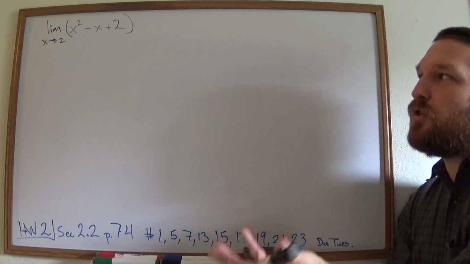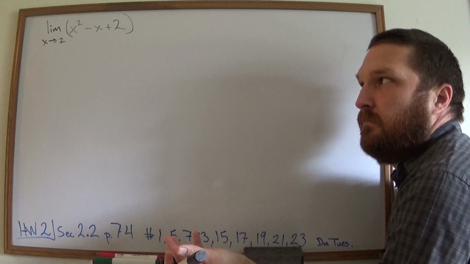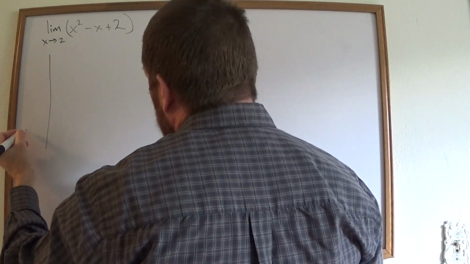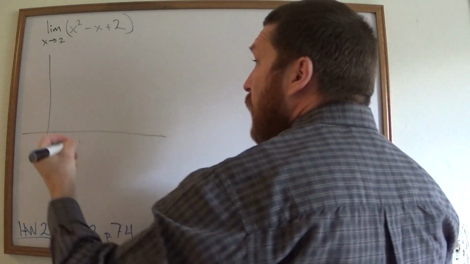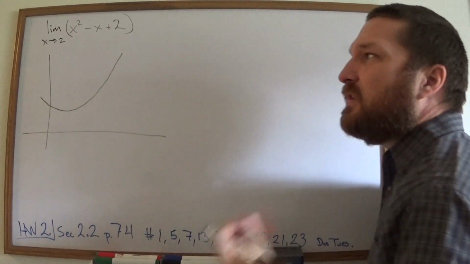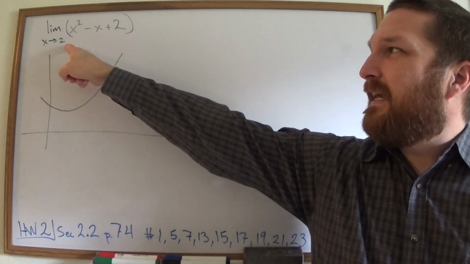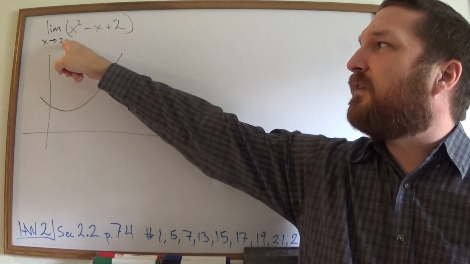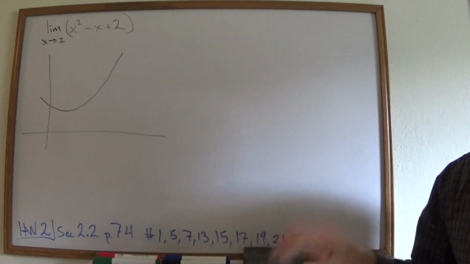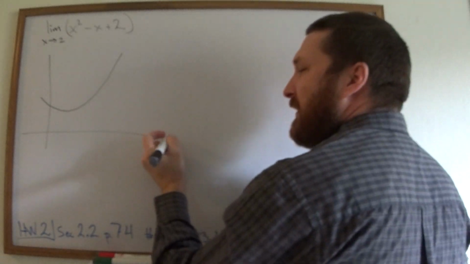You could just plug in a 2 into this function. And you could do that, and the thing that you get out when you do that would be correct. There's a problem. The definition of the limit says that you cannot just plug in a 2, right? This will be more clear in the next couple of examples why that matters.